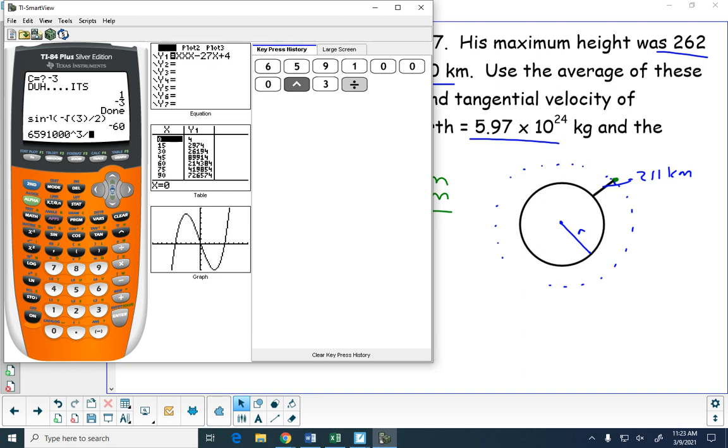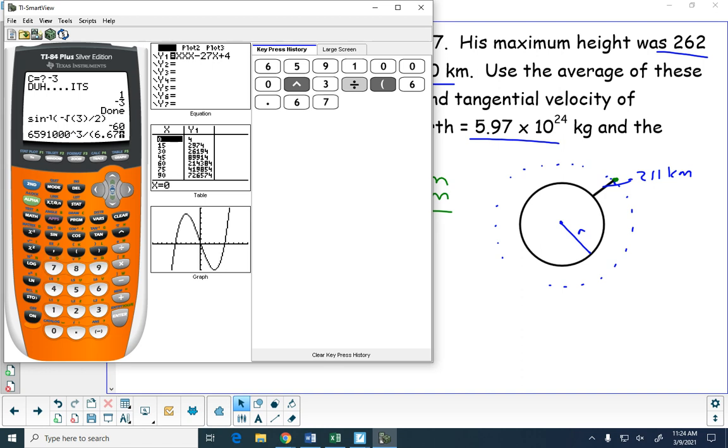That value you have to divide by the 5.97 times 10 to the 24th. So you can either divide twice or quantify and multiply. Now, where that EE button helps you out. If I quantify this, I have 6.67, times 10 to the negative 11th power.